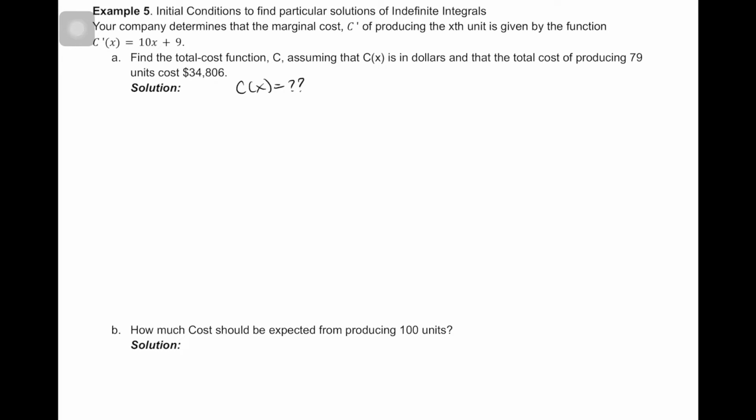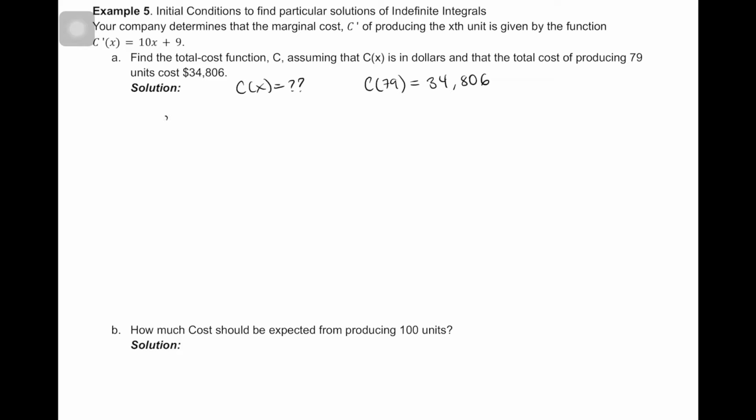And they're also telling us that when you produce 79 units, it costs you $34,806. That's what we get from this line. The total cost of producing 79 units is $34,806.